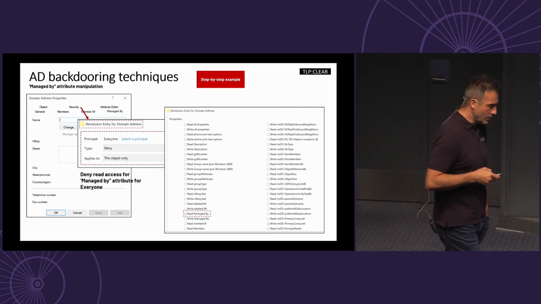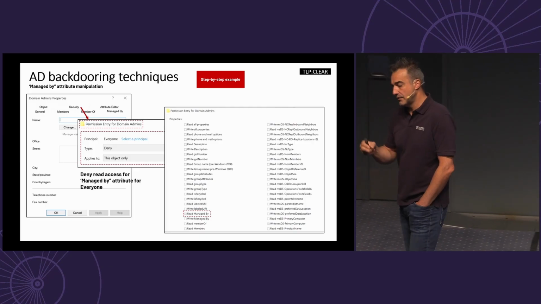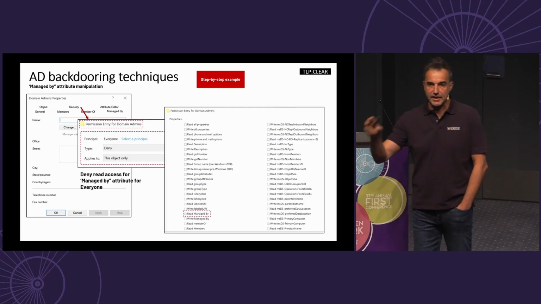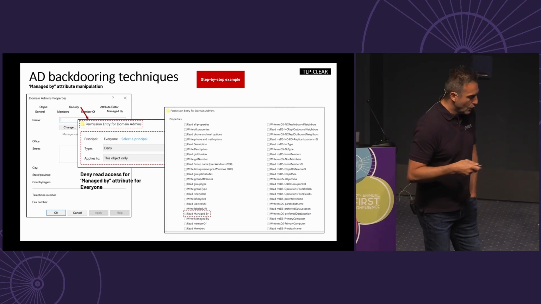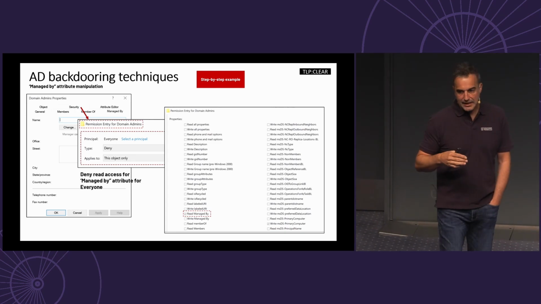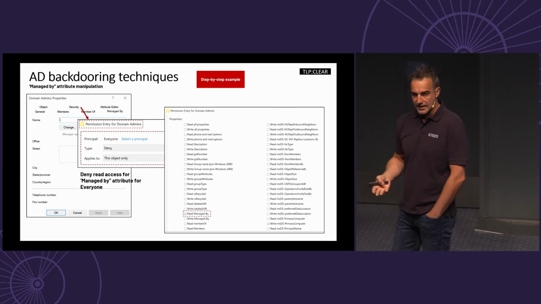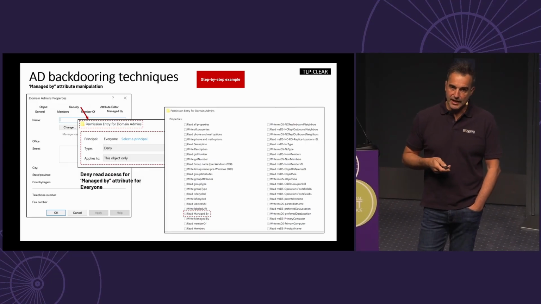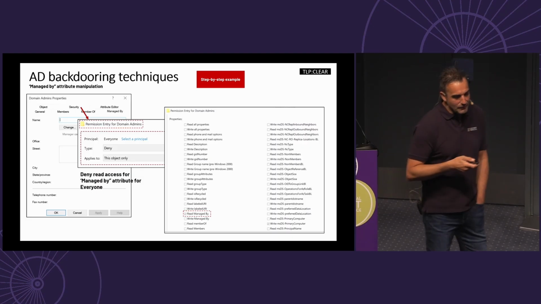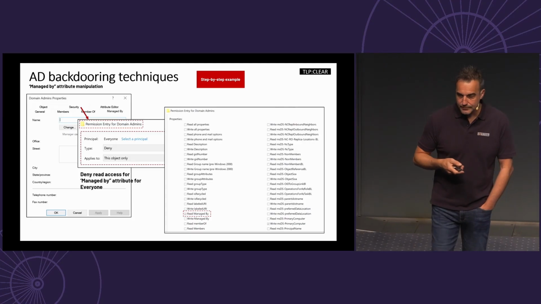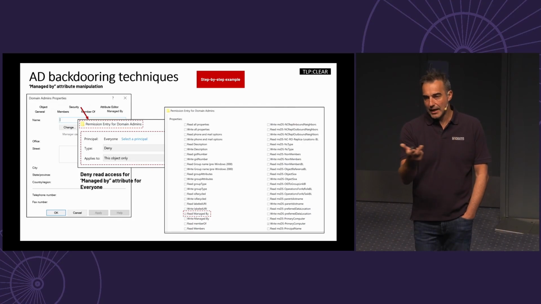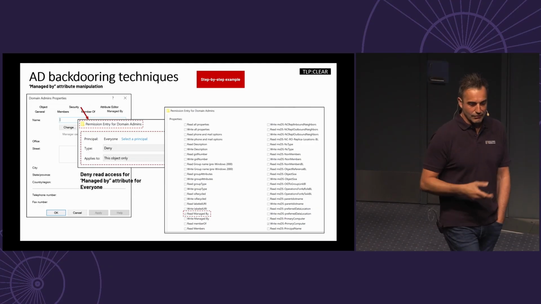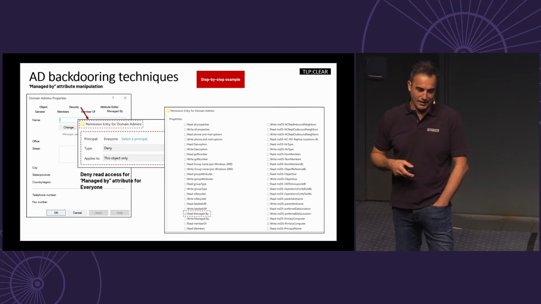But when you create a backdoor, you want to mask your action. It's not enough to just pick the object and put it in the Managed by. So usually, when you want to mask your action, or mask some modification, or mask some access, you will use the deny. Deny is really dangerous. So you will open the group, go to the security tab, and for sure you can do it by PowerShell or whatever, but for presentation reasons, I just put the screen.